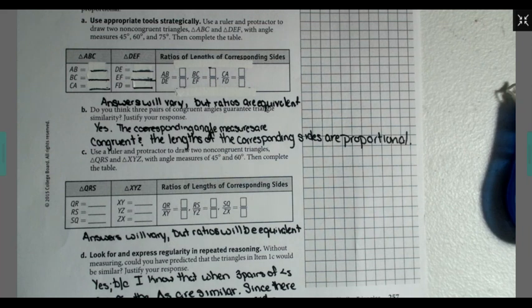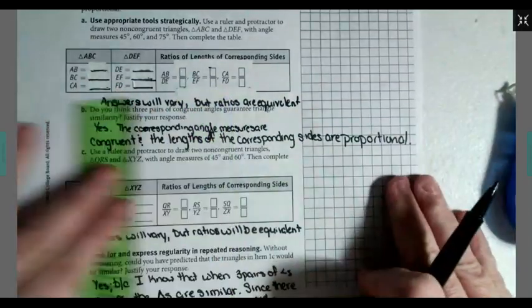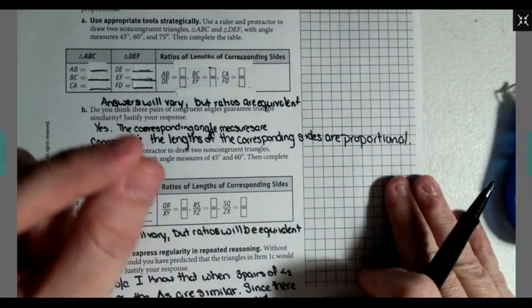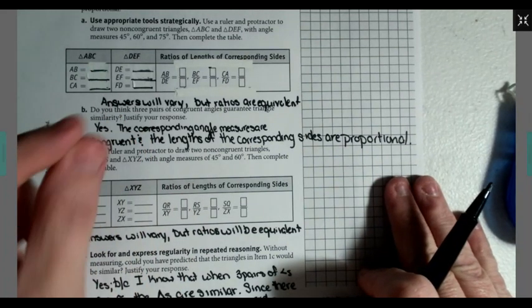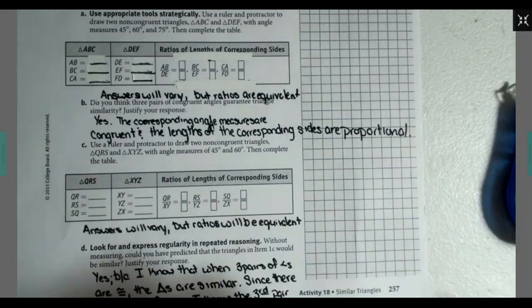Now we'll talk about the possibility of a slight error in our answers, but that could be rounding. It could have been maybe we didn't have our ruler lined up exactly when we started to measure. So there could be a slight, and I mean like 0.10 off, okay? Just a slight error. But we should have found them pretty much equal.